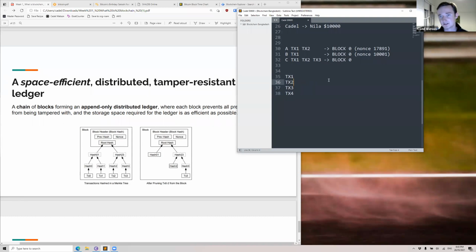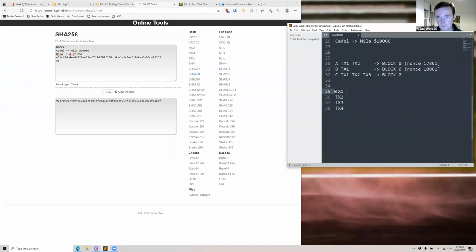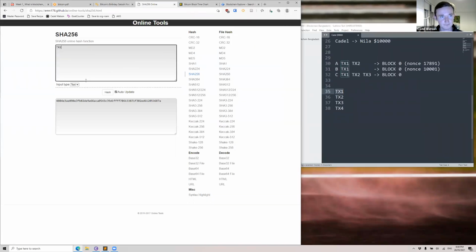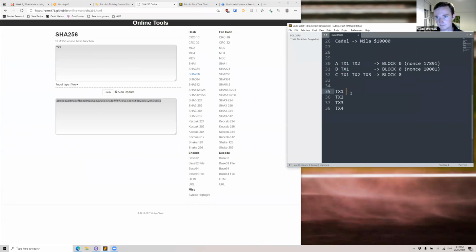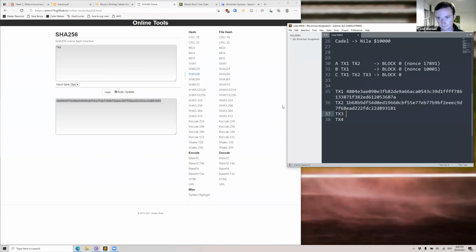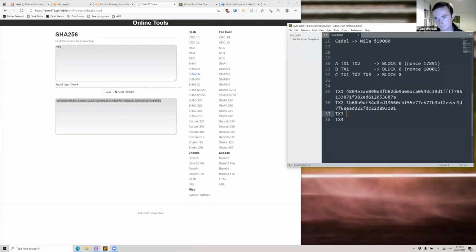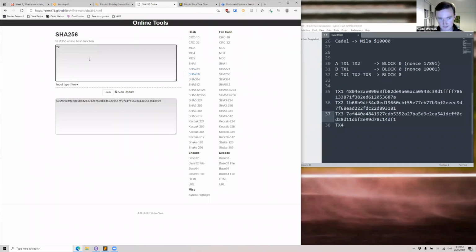Then for each of these transactions, I'm going to hash it. So I will copy TX1, do the same for TX2, TX3, and TX4.